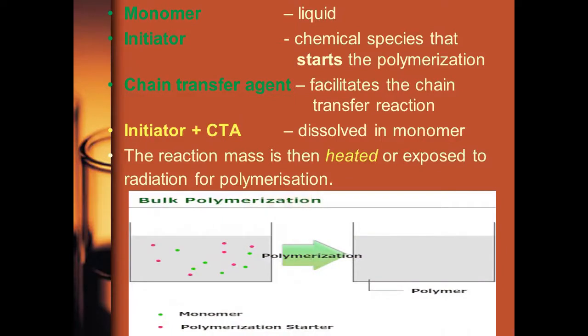In this diagram I have shown the monomer as a green dot and the polymerization starter, that is the initiator, as a pink dot. When these two components are mixed together, polymerization occurs to give a polymer. Such type of polymerization is known as bulk polymerization.